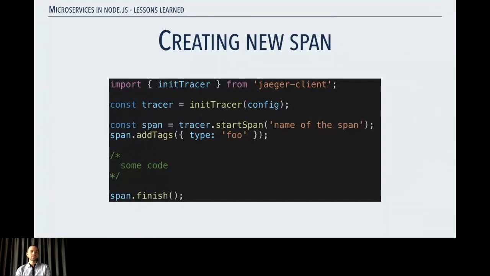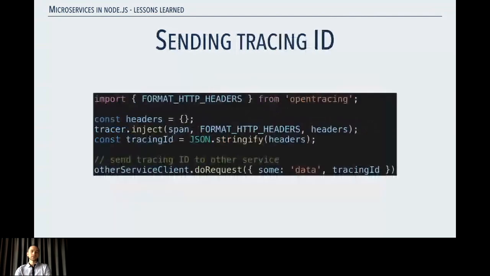And between creation and finishing of the span, we put some code we would like to trace. And we can also add those tags that will help us find then those traces and spans in the JAEGER UI. And if we have some code traced, then we need to send the tracing ID to another service.